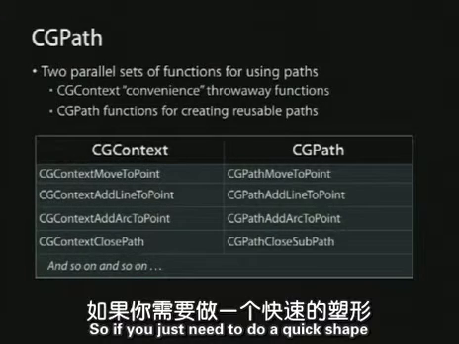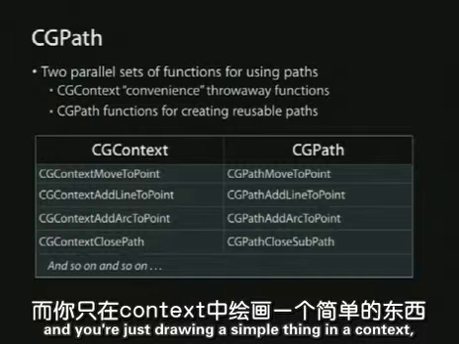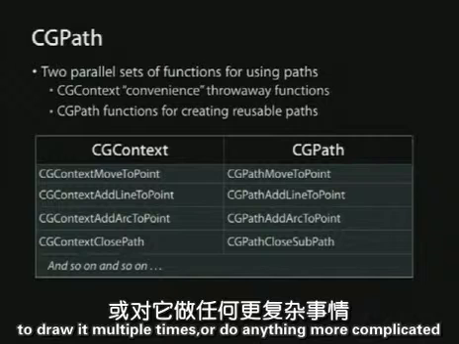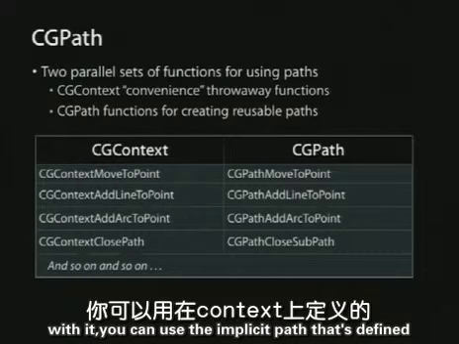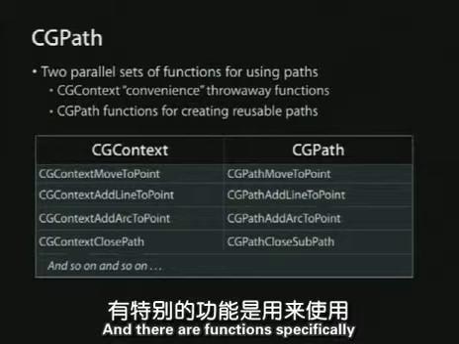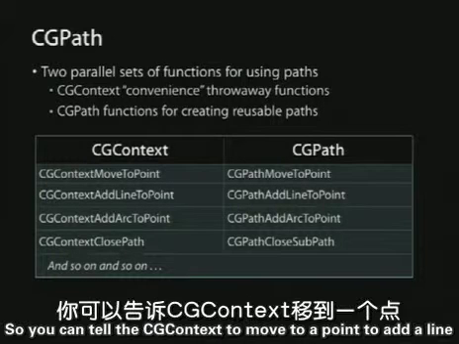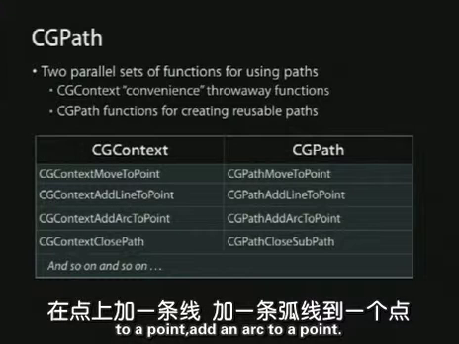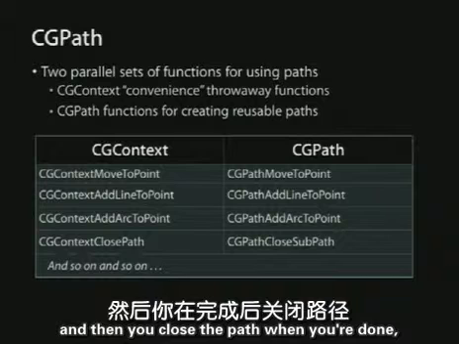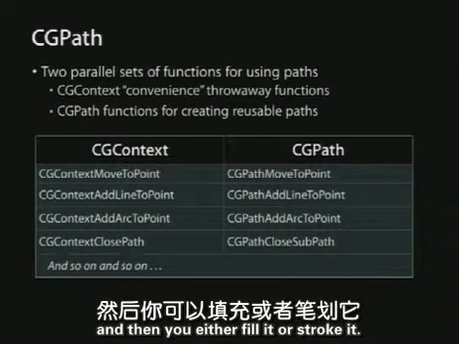So if you just need to do a quick shape and you're just drawing a simple thing in a context, and you don't need to reuse it, and you don't need to draw it multiple times or do anything more complicated with it, you can use the implicit path that's defined on the context. And there's functions specifically for accessing this implicit path. So you can tell the CGContext to move to a point, to add a line to a point, add an arc to a point. There's a whole bunch of other ones as well. And then you close the path when you're done, and then you either fill it or stroke it.